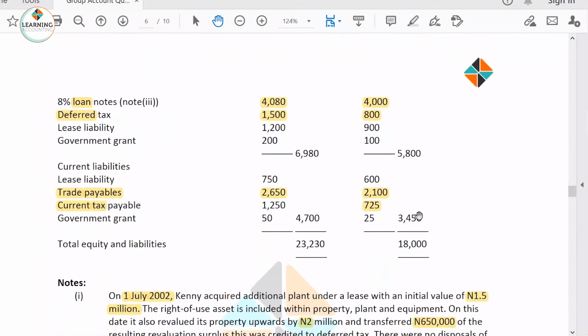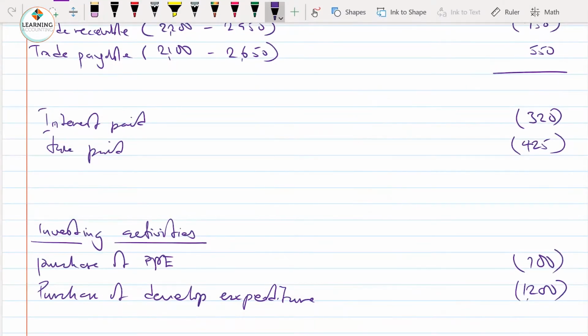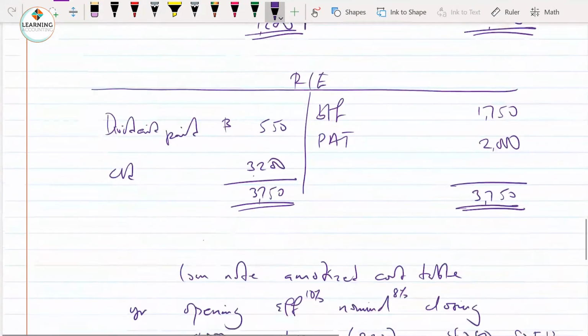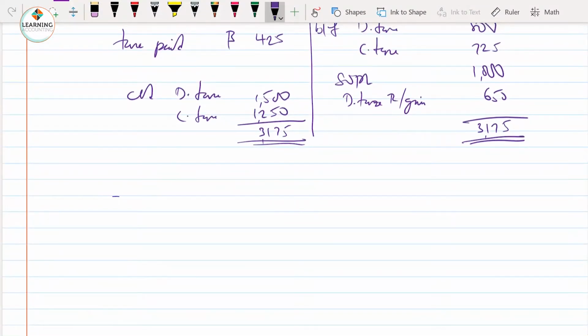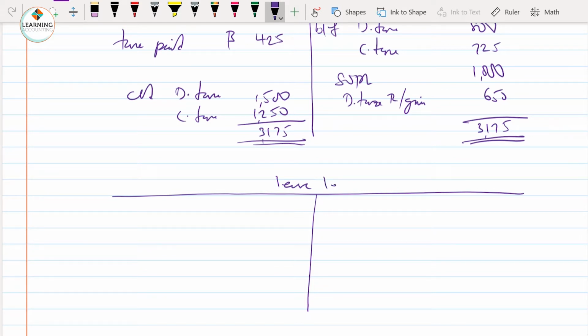The next information we have here is the lease. So for the lease, we're doing something similar to what we've done with the tax. So we have 901.2, and we also have 600 and 750. So let's open a lease liability account.